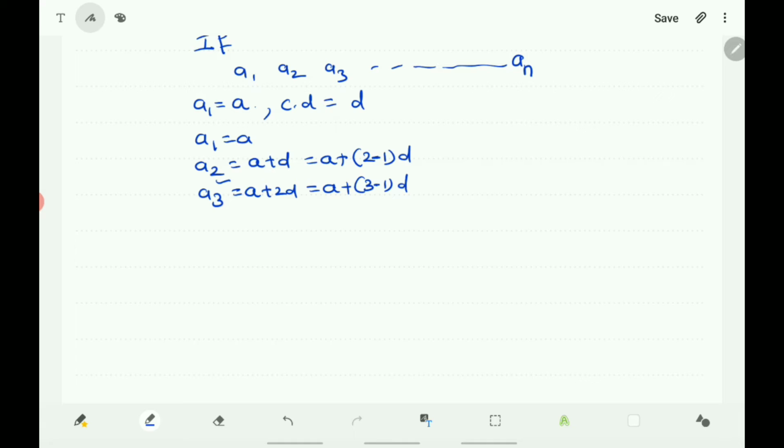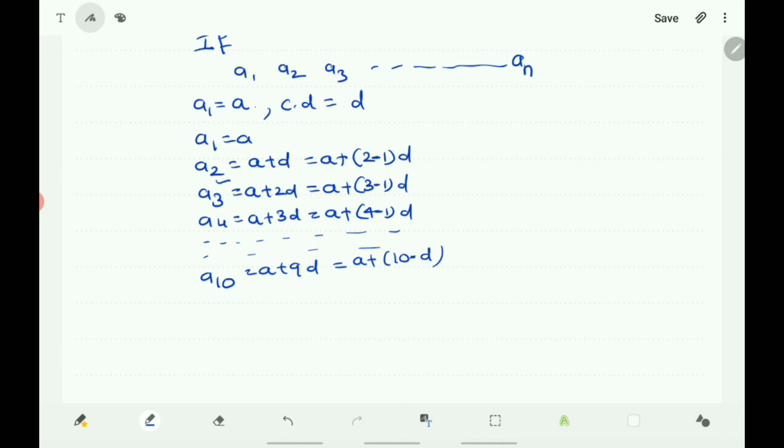A4 is equal to a plus 3d, that is a plus 4 minus 1 into d. Similarly, A10 becomes a plus 9d, that is a plus 10 minus 1 into d. A20 becomes a plus 19d, that is a plus 20 minus 1 into d.